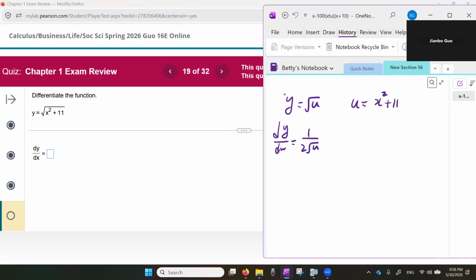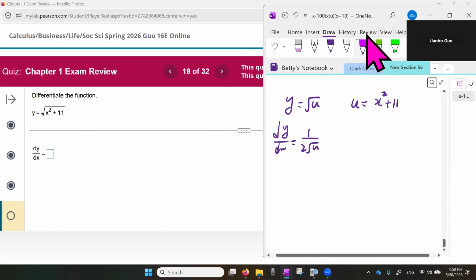I strongly recommend you remember this formula. Which formula? The derivative of root x is 1 over 2 root x.